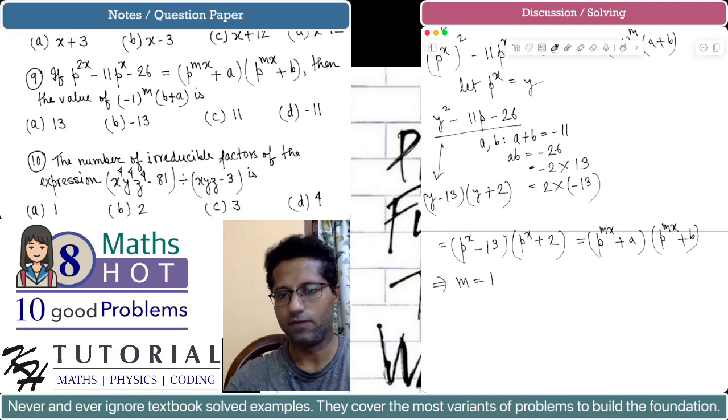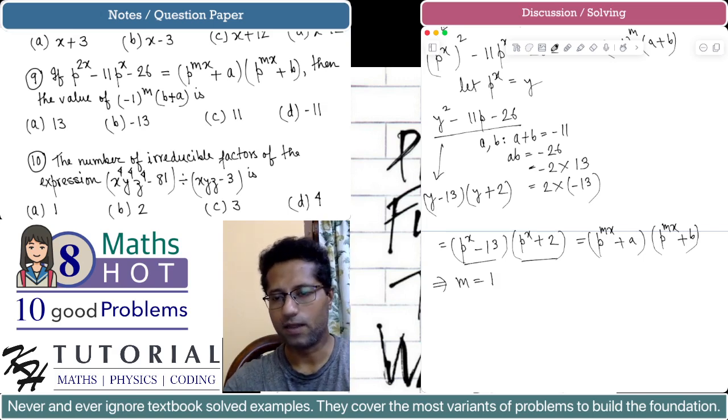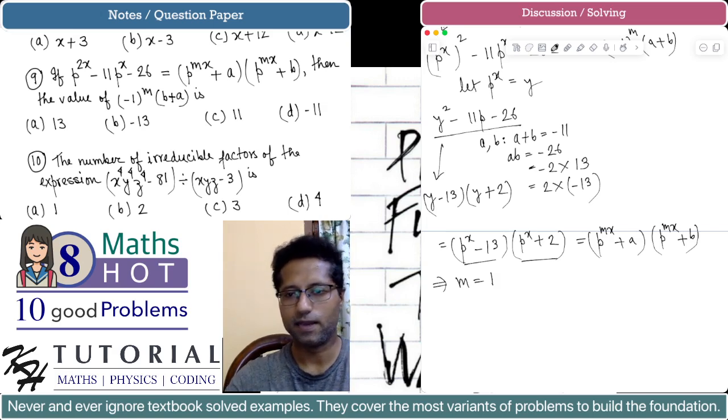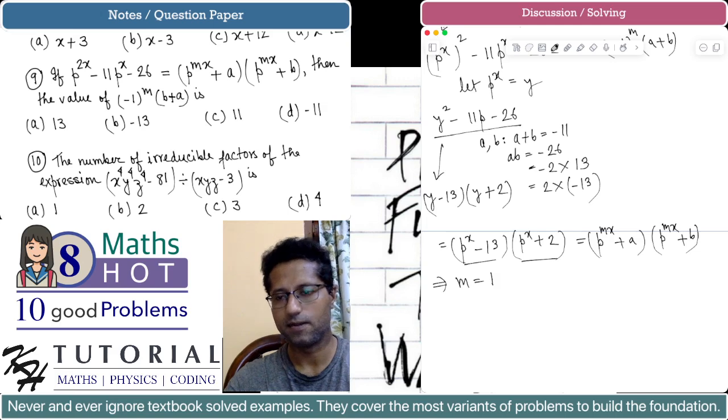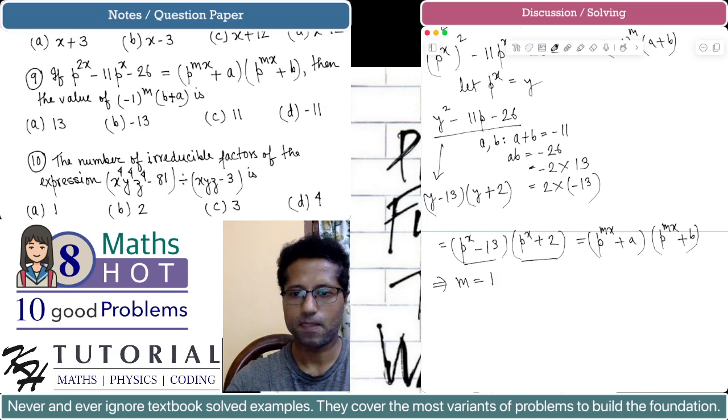On the left hand side we have two factors, and in both the factors we have p to the power x and some constant. On the right hand side we also have two factors, where each factor has p to the power mx. So clearly, by common sense, we can say that m has to be equal to 1. So we get m equals 1.